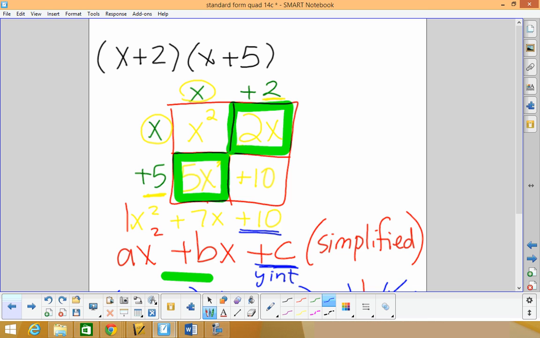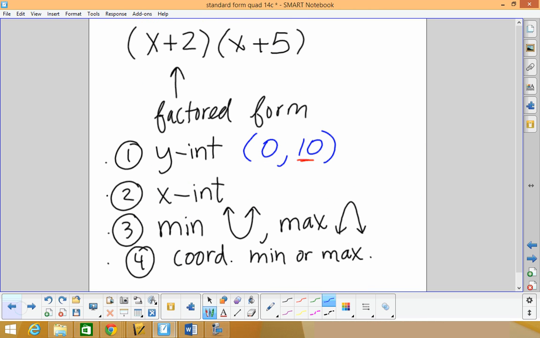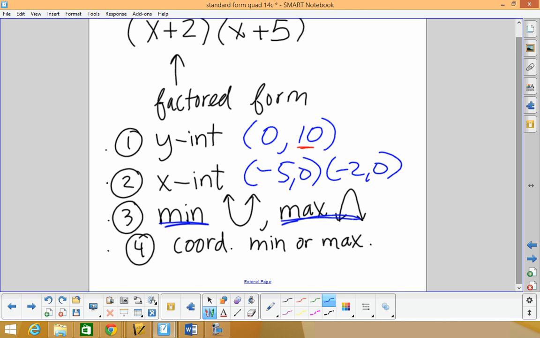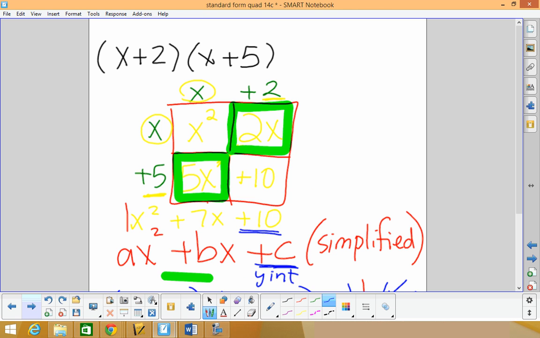Okay. So you have your x-intercepts, negative 5, 0, negative 2, 0. Now you have to figure out if it's a minimum or a maximum. Okay? And that is based on the a value. That's based on this a value here. Okay?